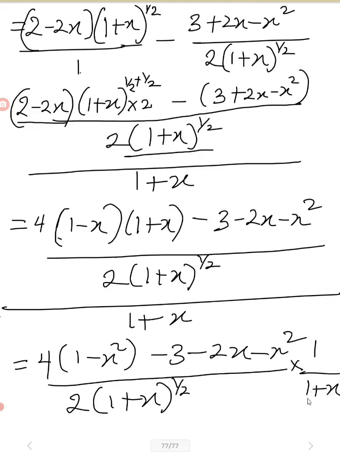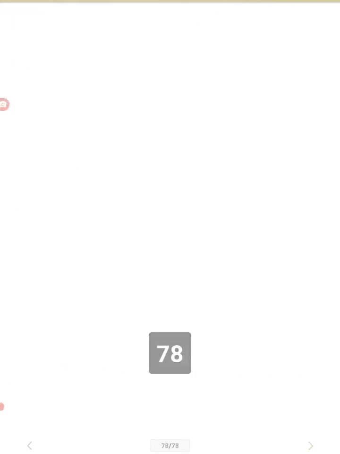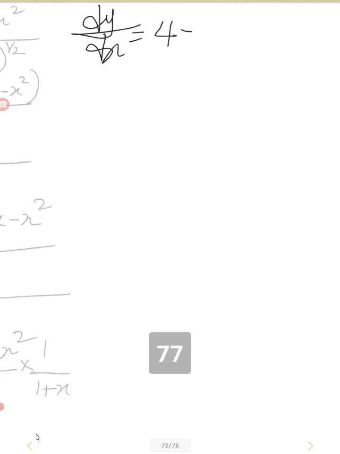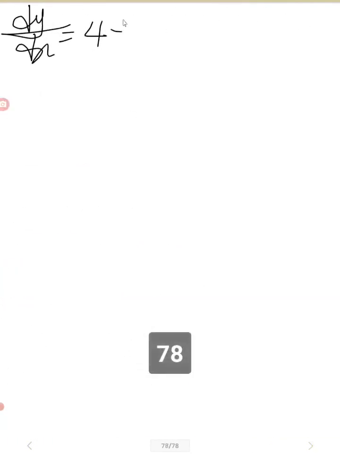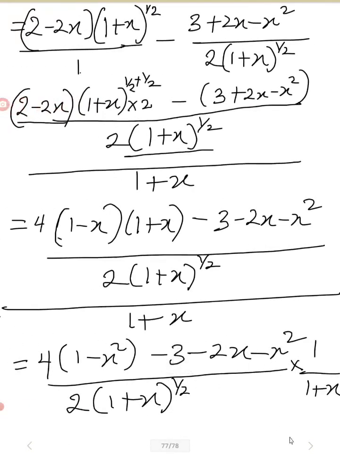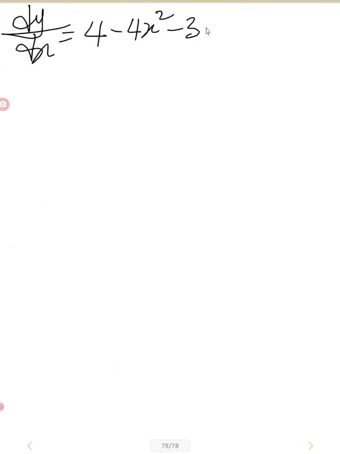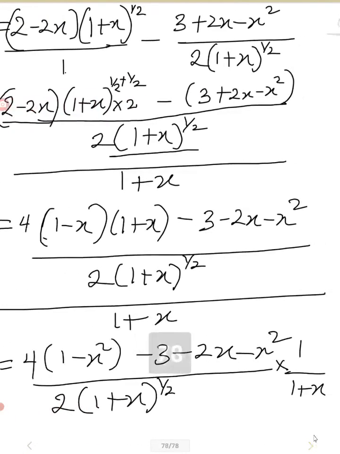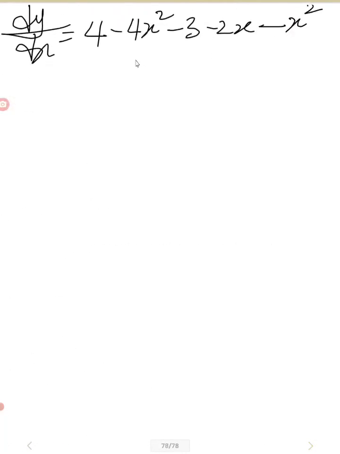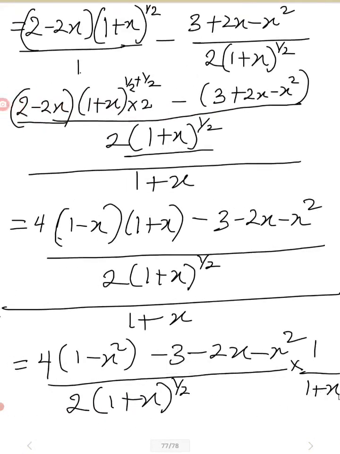So you just try to bring it near. So let's expand. This will now give you, dy with respect to x is 4 minus 4x squared, minus 3 minus 2x minus x squared. Now this 1 plus x, all this one raised to power 1, 1 plus x raised to power half.